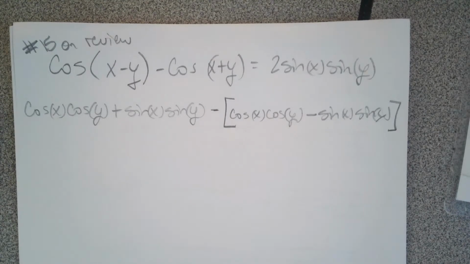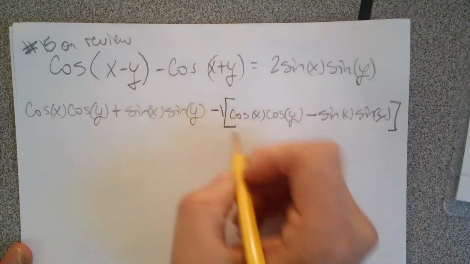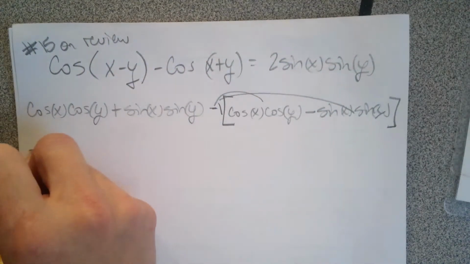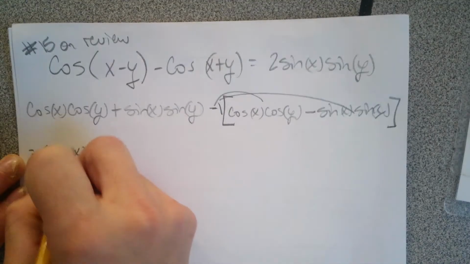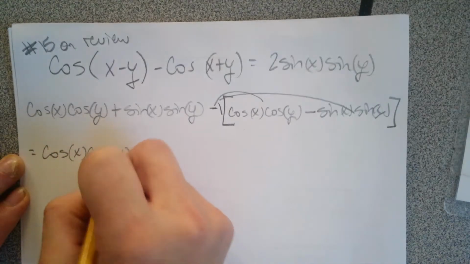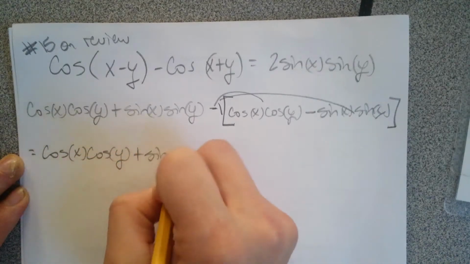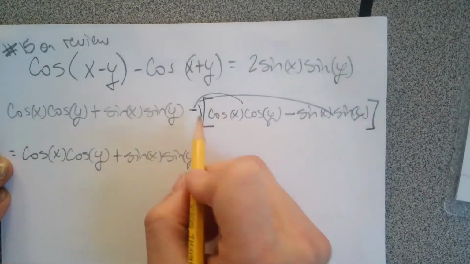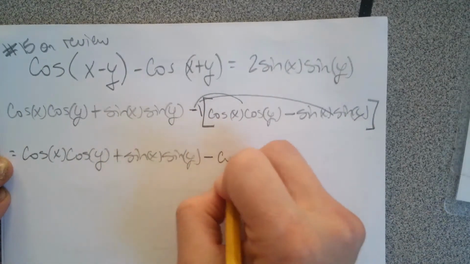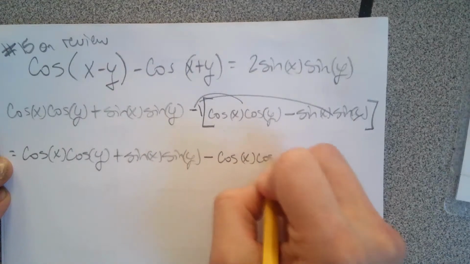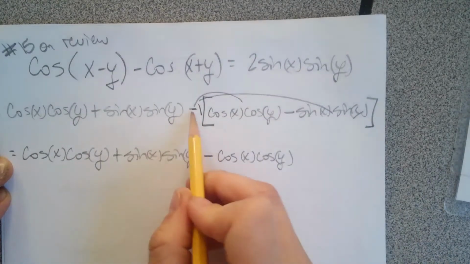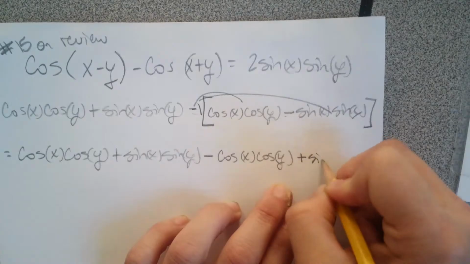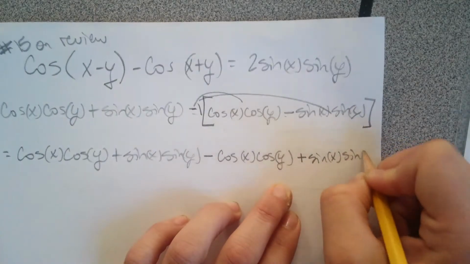Distributive property. Distribute, right? This is technically a -1. I need to distribute. So I get cosine x, cosine y, plus sine x, sine y, minus cosine x, cosine y, and then a negative and a negative, plus sine x, sine y.